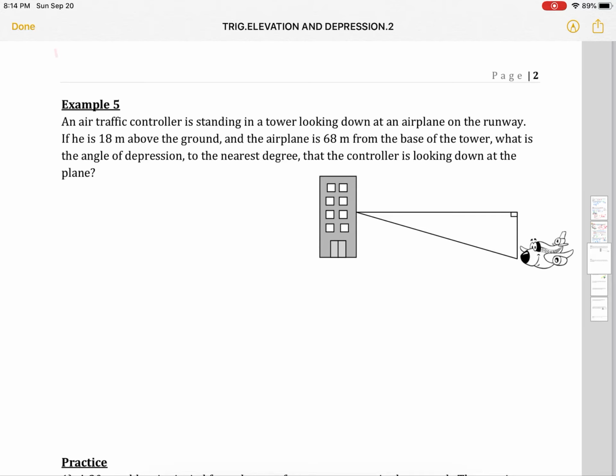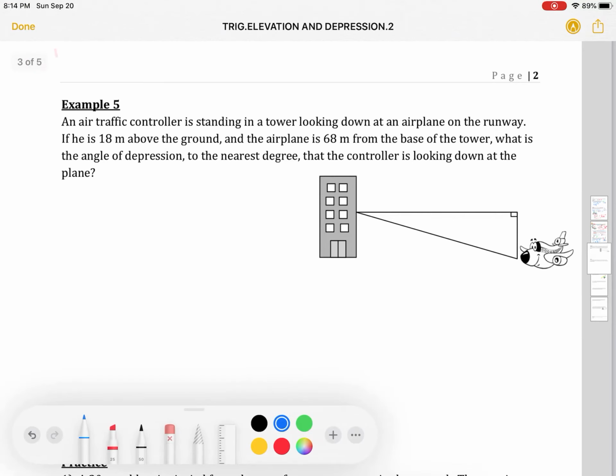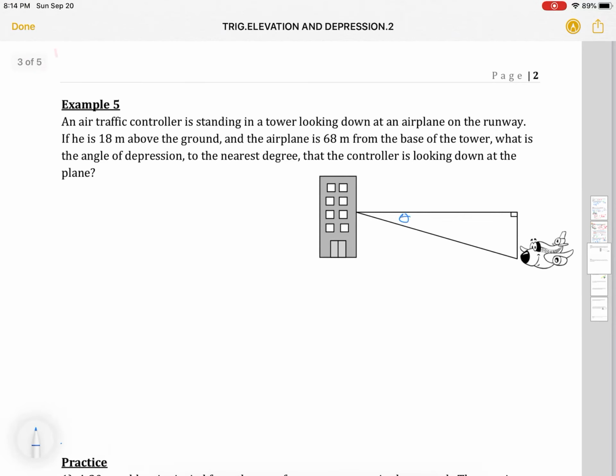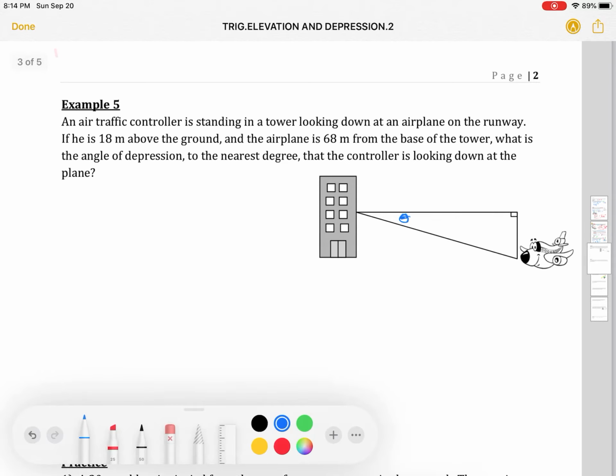An air traffic controller is standing in a tower looking down at an airplane on the runway. If he is 18 meters above the ground and the airplane is 68 meters from the base of the tower, what is the angle of depression? So thinking about this, this will be our angle of depression, right?